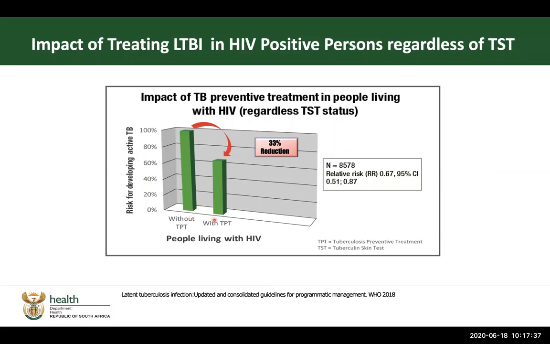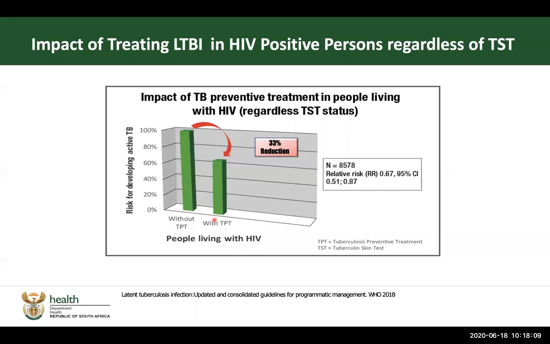This is quite significant, and this is what had actually led to the change in guidelines, specifically from the World Health Organization, but also the South African guidelines, to say, in terms of assessing eligibility to TB preventative therapy, well, we need to screen patients, and ensure that those with active TB are excluded from accessing TB preventative therapy, which is a tick.